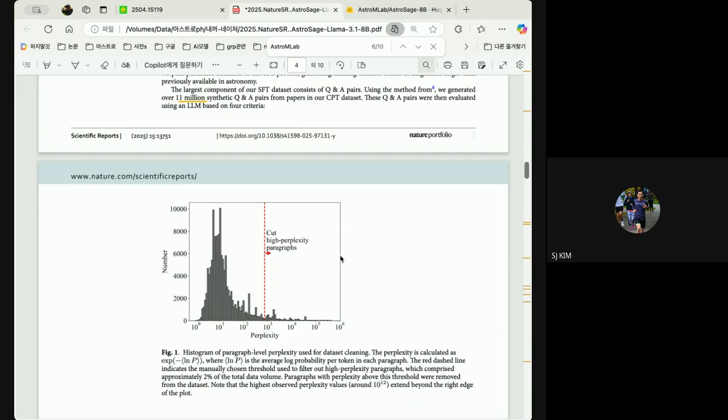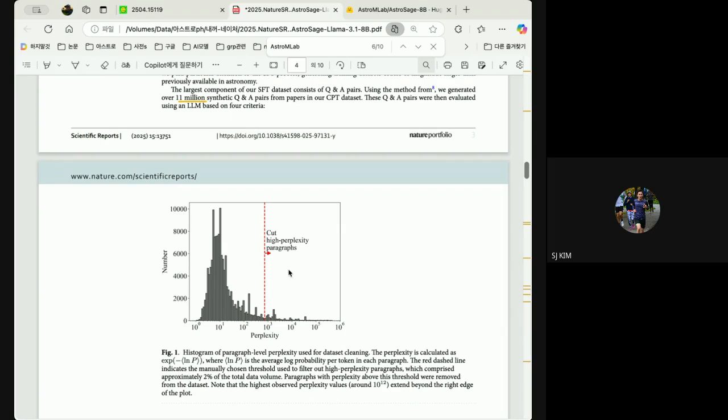What is this cut for? What's the purpose of this cut? So low perplexity means this large language model understands the question very well. Really? I don't know.